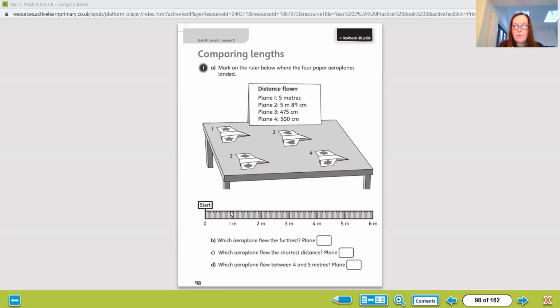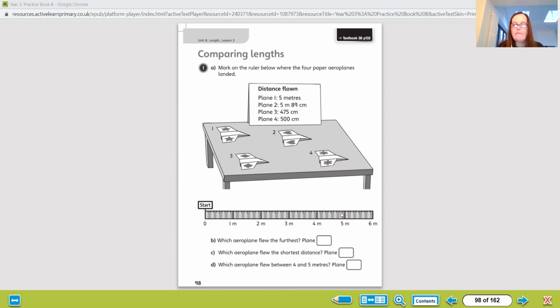So we know that each one of those gaps must be worth 100 divided by 10 because 1 meter is 100 centimeters. So we've got to count in tens to 100. 10, 20, 30, 40, 50, 60, 70, 80, 90, 100.